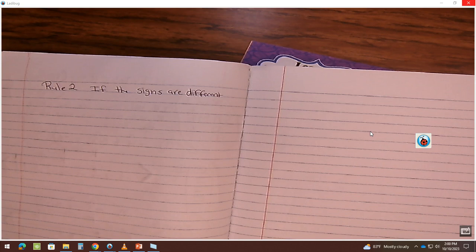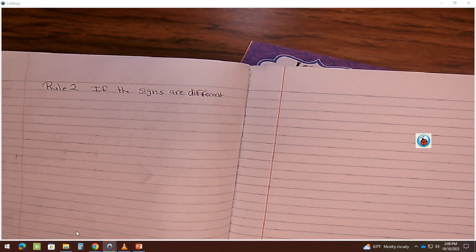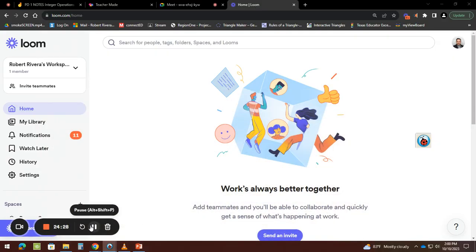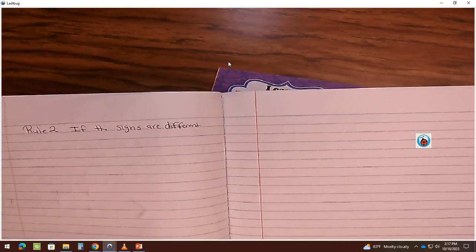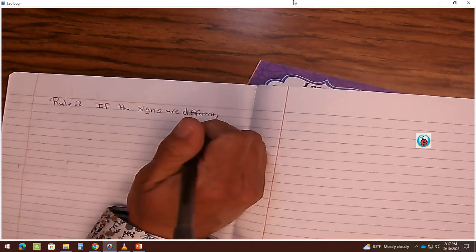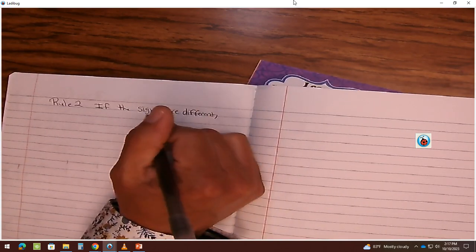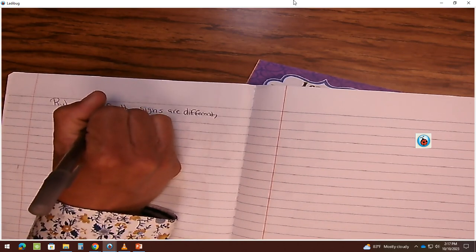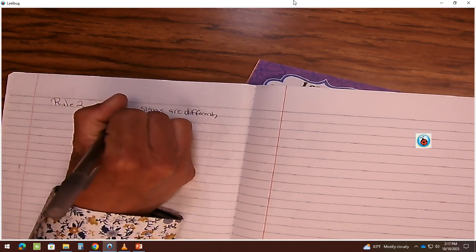So tomorrow I'll continue with rule number 2 with you all. I'm actually going to continue recording all the rules right now by myself. And tomorrow I'll just make you copy it. But let me pause it for now. So rule number 2 is if the signs are different, just like rule number 1 was if the signs were the same, I was going to add, well, if the signs are different, we'll be subtracting.